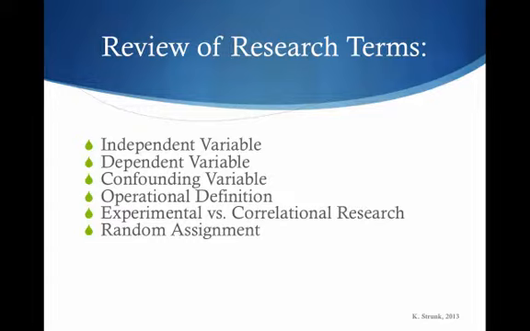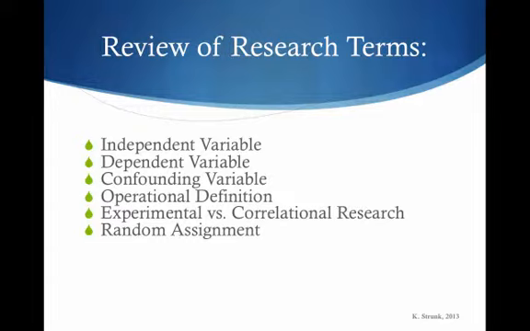In this case, the type of instruction. Which means if there's a difference in the outcomes, it's because of what we did. It's the only thing that's different between the groups. So if there's a difference in outcome, it has to be because of what we did. This is the beauty of random assignment. It's why we like random assignment.